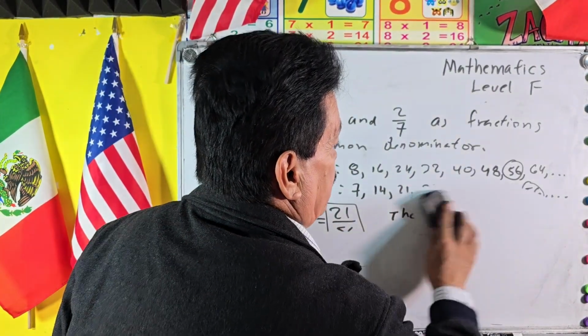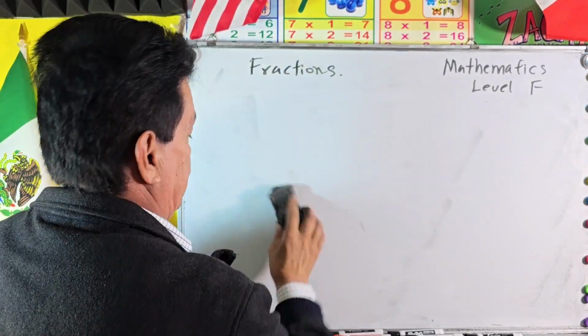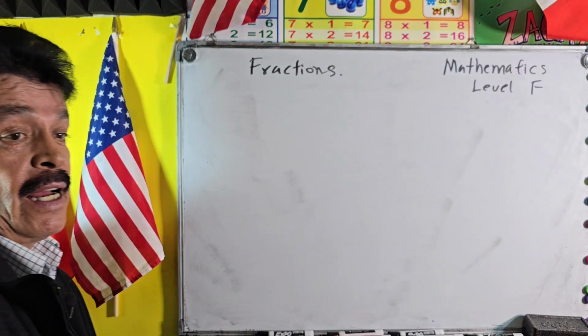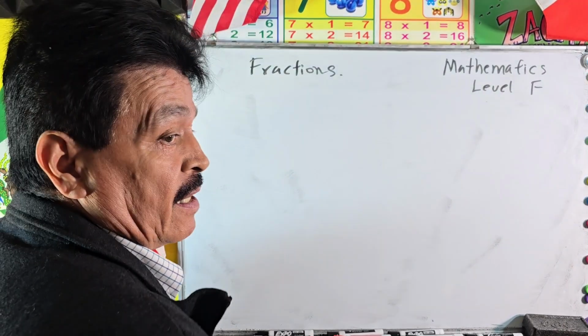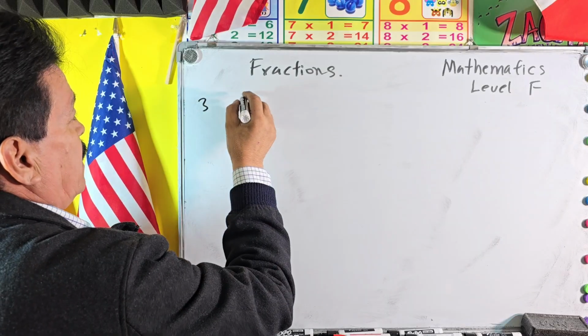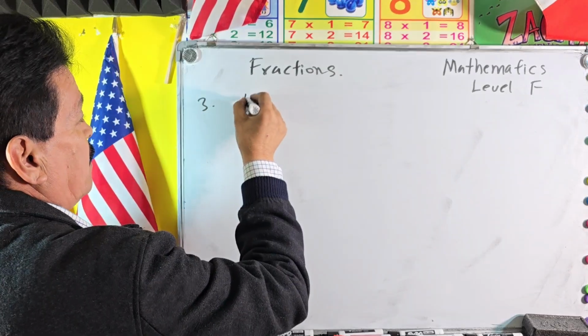Let's erase it. Now let's go to the next section. It's adding and subtracting fractions. We have number 3, adding and subtracting.